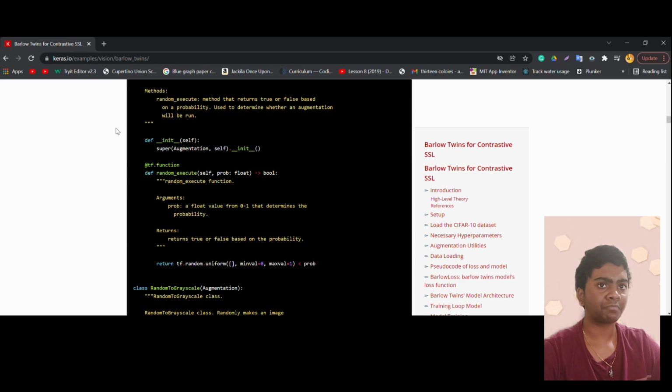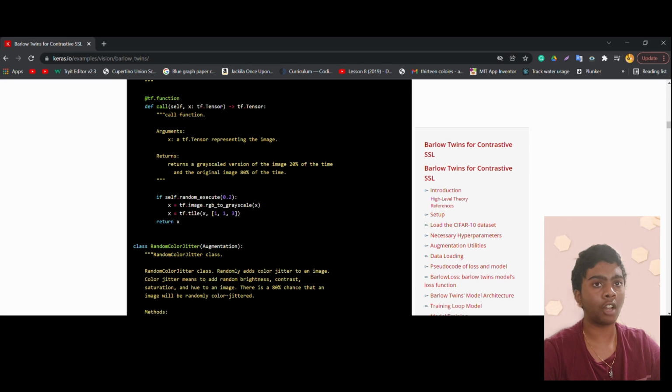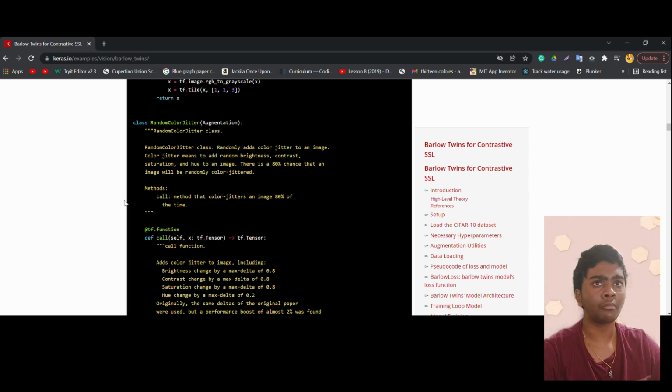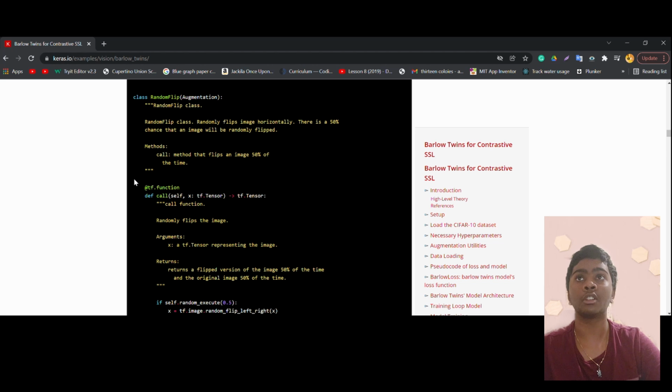So you can view the class itself later, but as you can see, I've used tf.image utilities. And I've heard that there are some good alternatives being developed, like Keras CV, which is a pretty interesting image processing library, which I can just search right now.